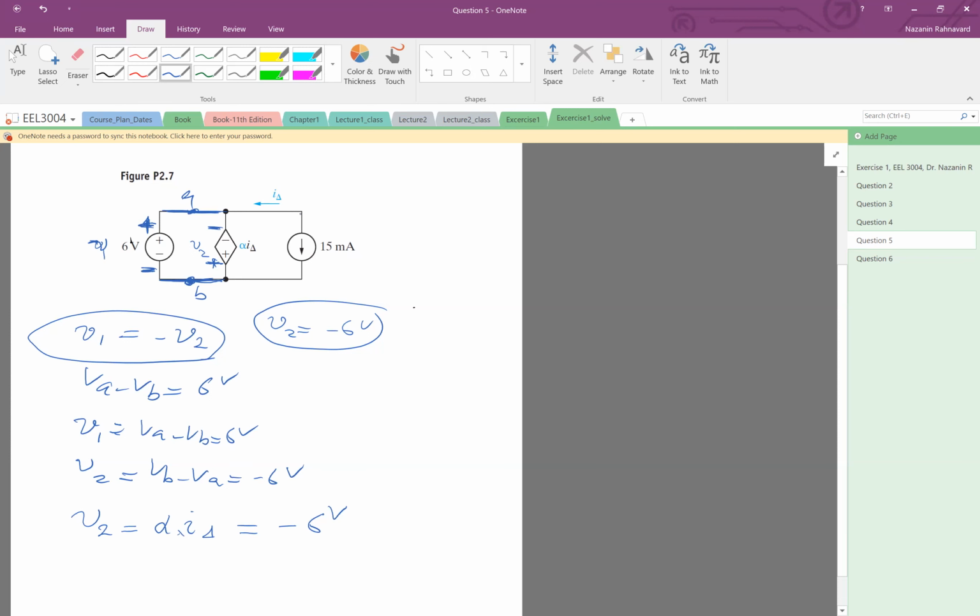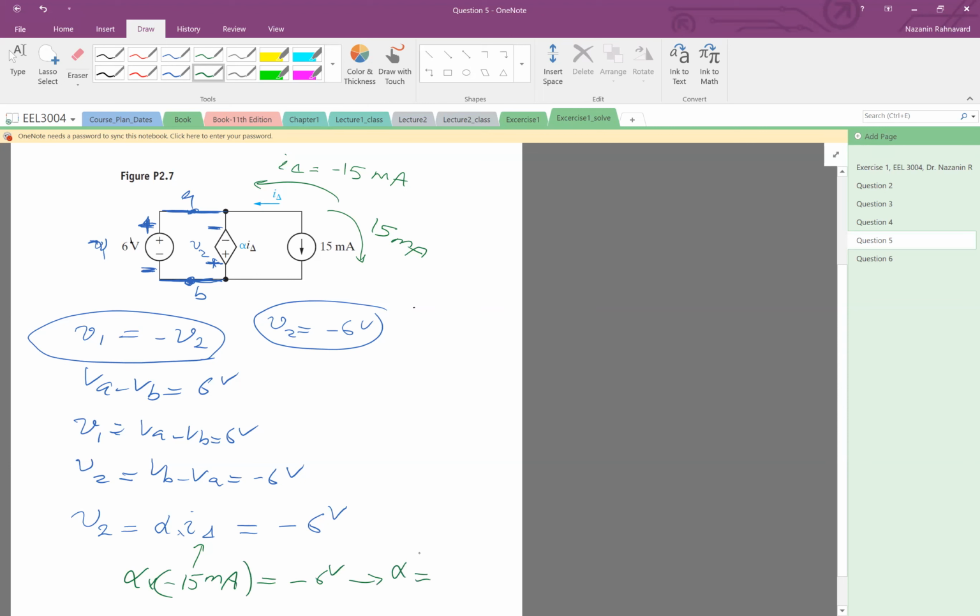That's also interesting. I delta is this way versus 15 milliamp is this way. So I delta is in a different direction, therefore I delta is negative 15 milliamp. So negative 15 milliamp times alpha equals negative 6 volts.